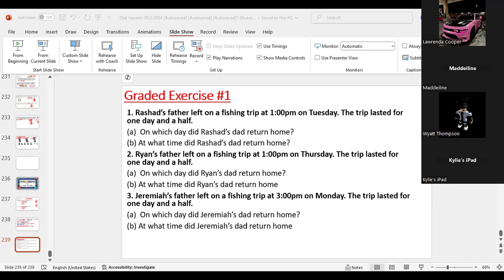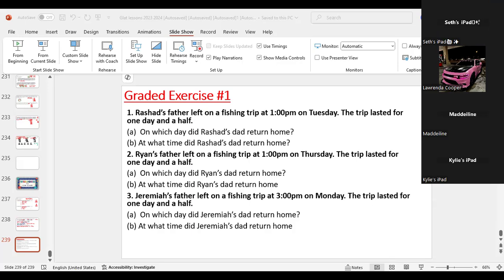All right, Mr. Petit, I'm done. All right, if you finish, take a picture of your work and send it to me via WhatsApp. I'm going to try to take a picture of the computer because I can't use the phone.